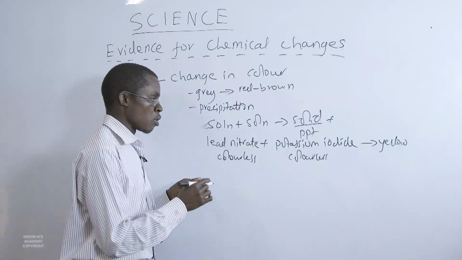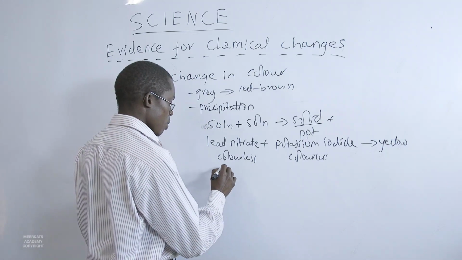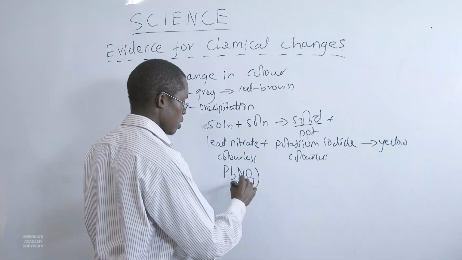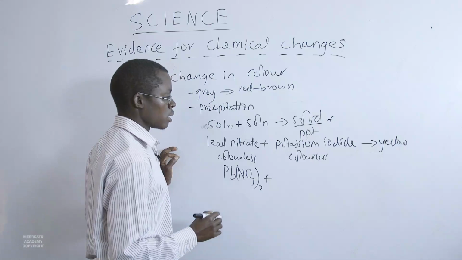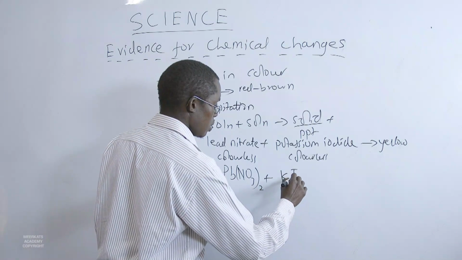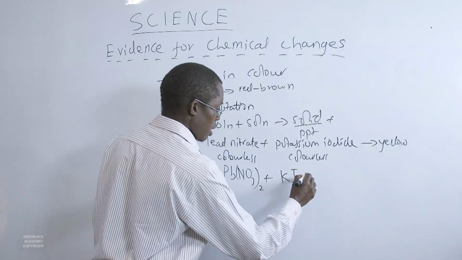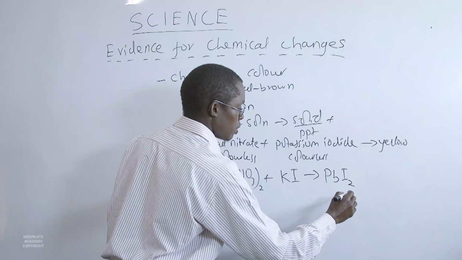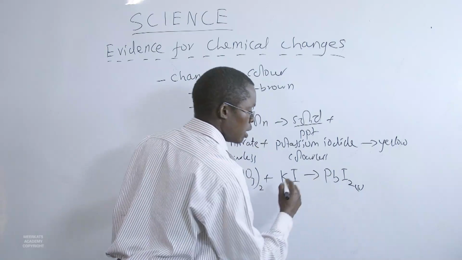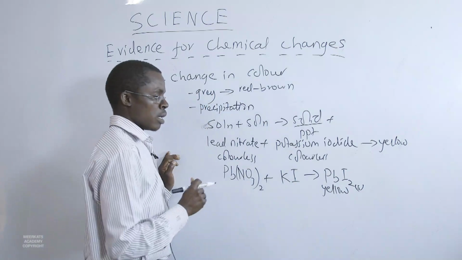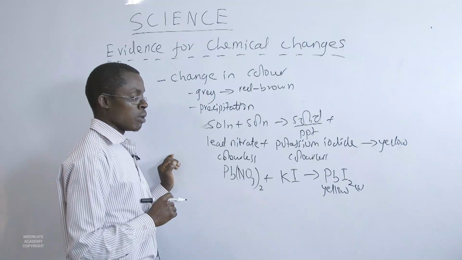And that is by chemical formula. We have lead nitrate reacting with potassium iodide, giving us lead iodide, which is solid and yellow in color.